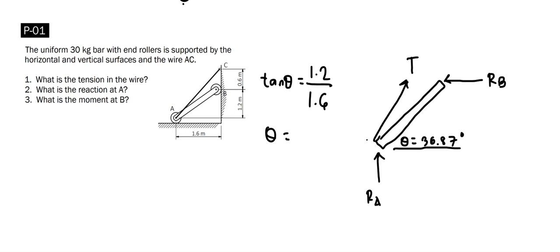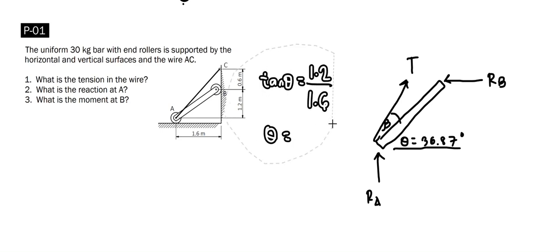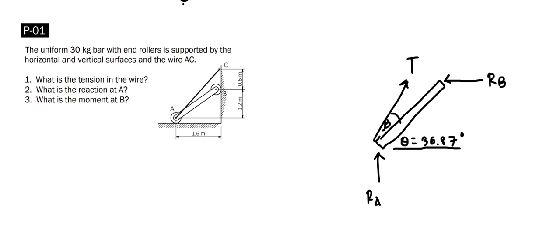And then for this angle right here, let's call this beta. So we are given the distance of 0.6 on this side and 1.2. Therefore, the sum of this vertical distance here is 1.8 meters.